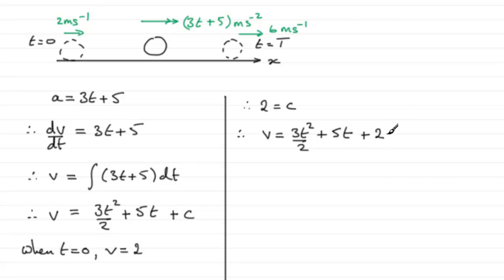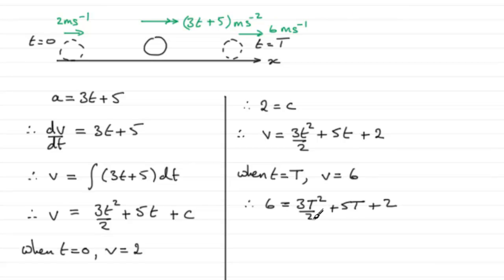Now that we've got this, we can work out what T is, because we know that when t equals big T, the velocity v equals positive 6. So if we substitute this into that equation, we have 6 equals 3 big T squared over 2 plus 5 big T plus 2.